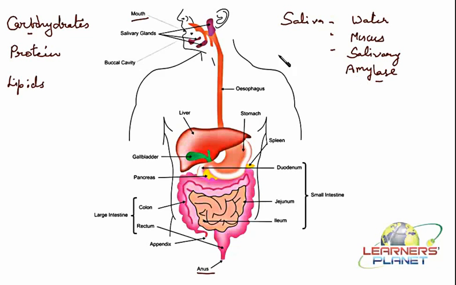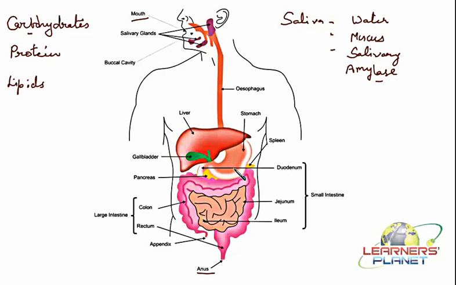Now further, this partially digested food material is transferred into the esophagus, and there is no digestion in the esophagus. The esophagus is responsible for the peristaltic movements. And this peristalsis helps in pushing the bolus or the food material in the forward direction to the stomach.